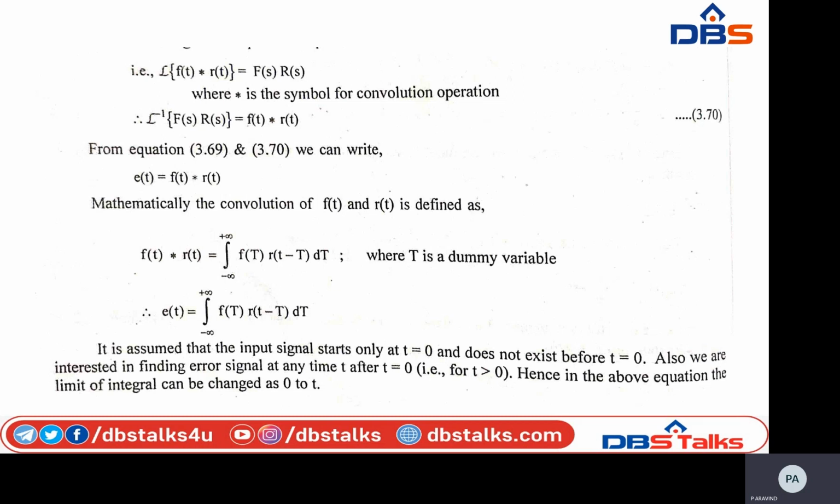See, here capital T is the dummy variable. So finally, the convolution of F of T and R of T, nothing but E of T, is equal to the integral from minus infinity to infinity F of T into R of T minus capital T into dt. Here capital T is the dummy variable.